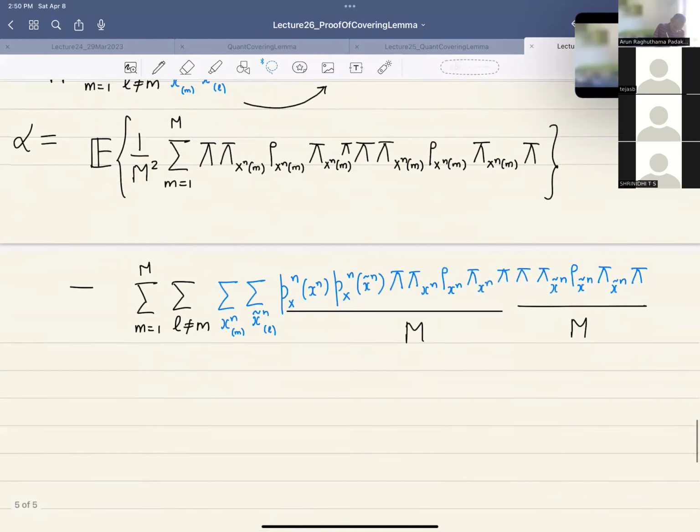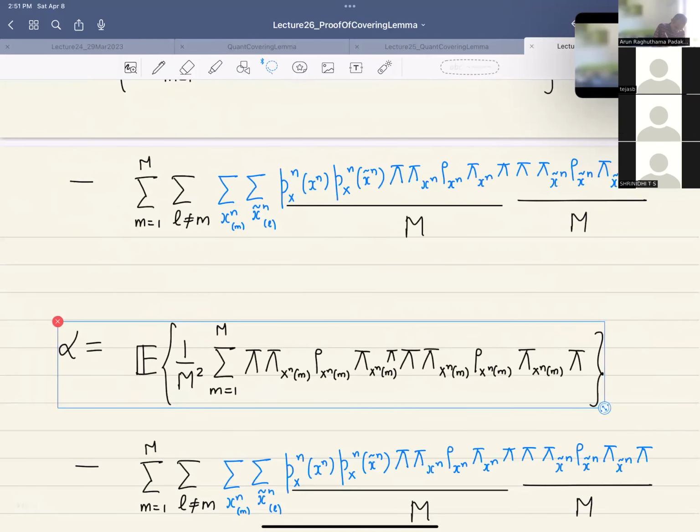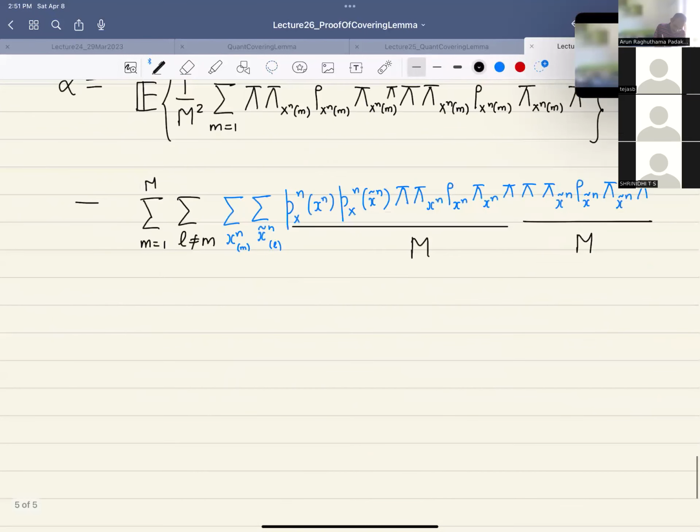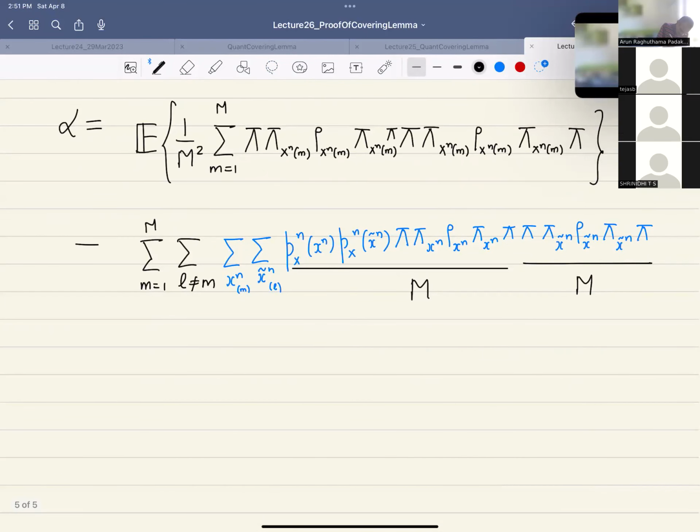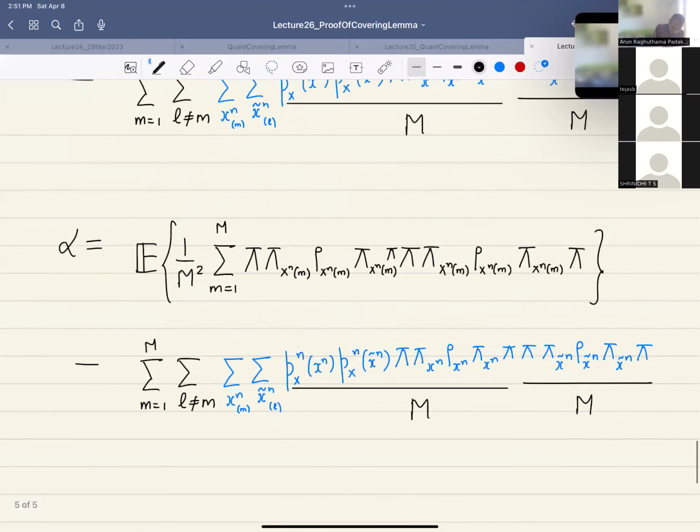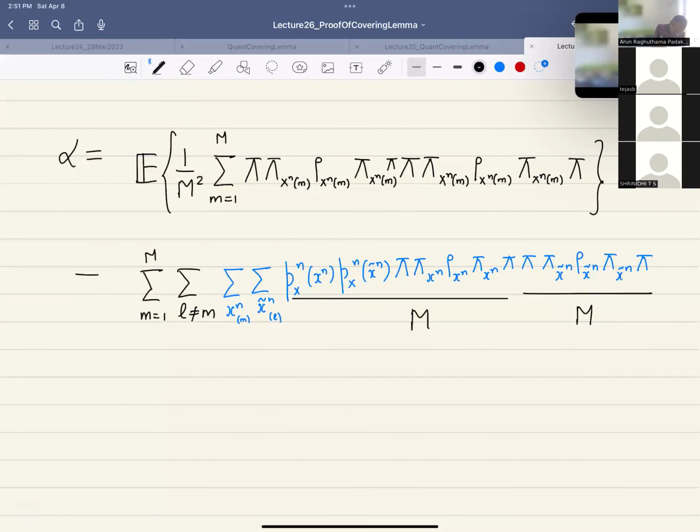Copy, paste. Second term I claim. So second time I simplify now, and I'm going to say, can I say this is? Yeah, I want to do this.